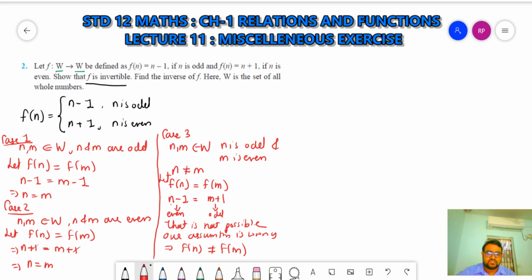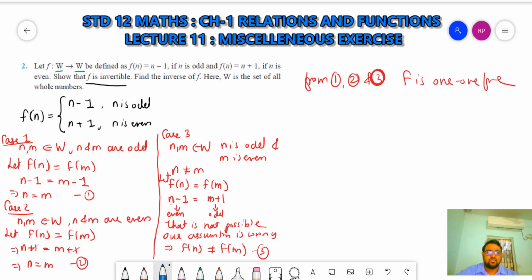So from all these three cases, let me write them as 1, 2, and 3, f is a 1-1 function. Clear? Now let's see for onto.